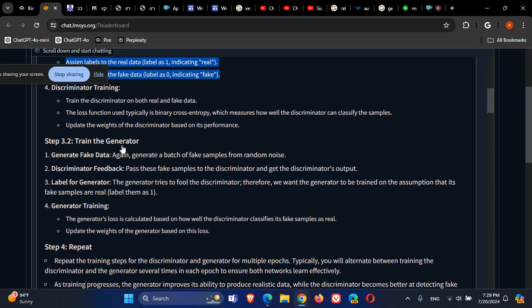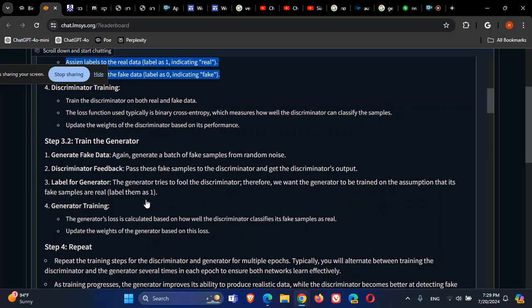Then train the generator. Create data from the generator, and feed it through the discriminator after we created it from the generator. If the discriminator did a good job and said it's fake, the generator needs to learn and make it better. How do you do it?